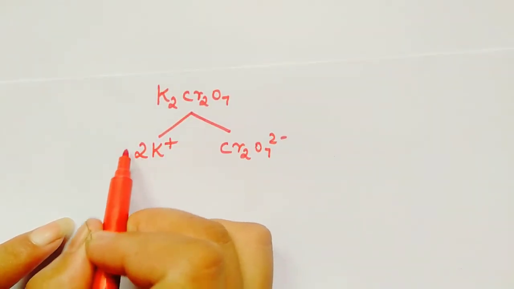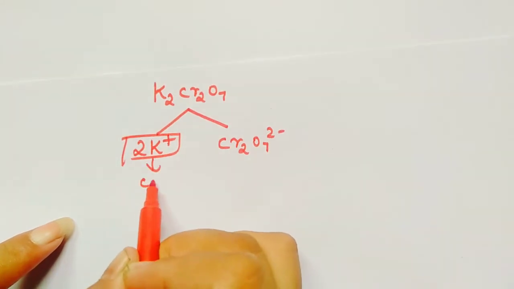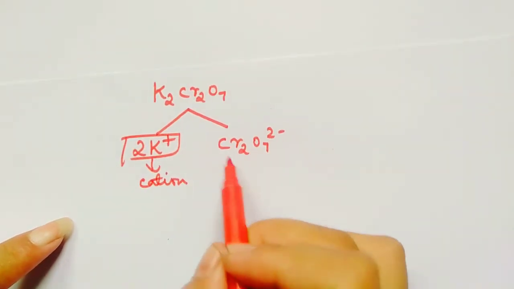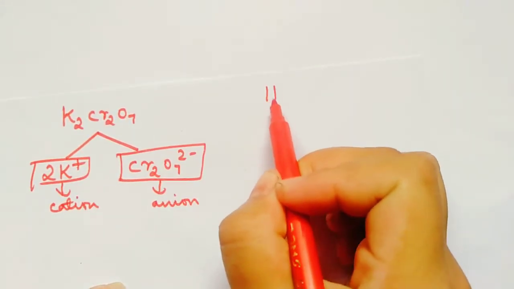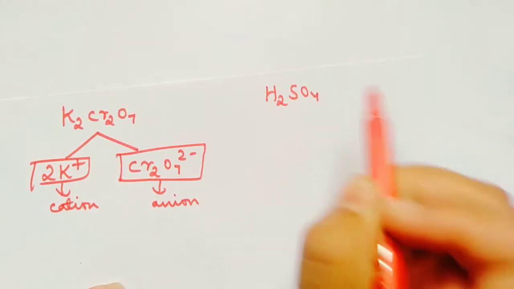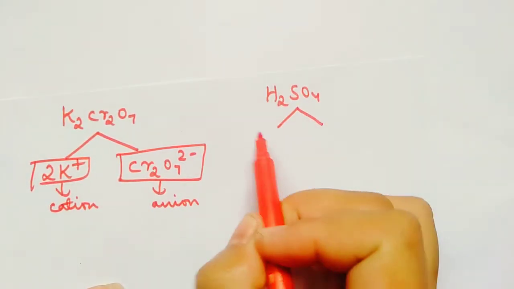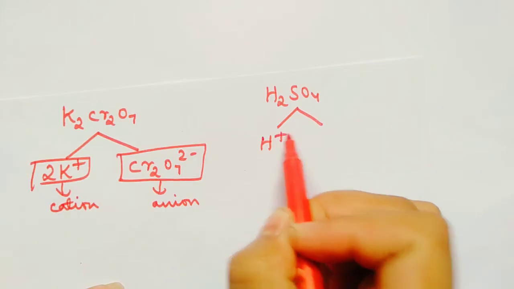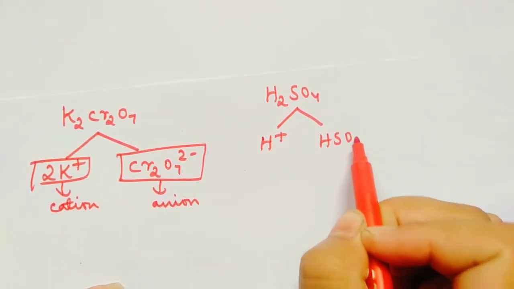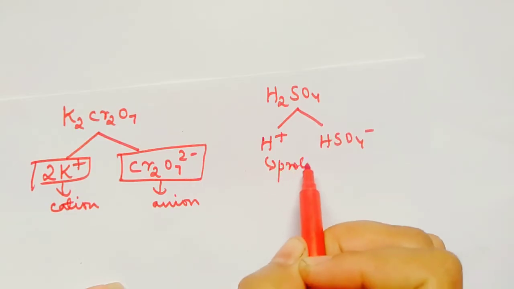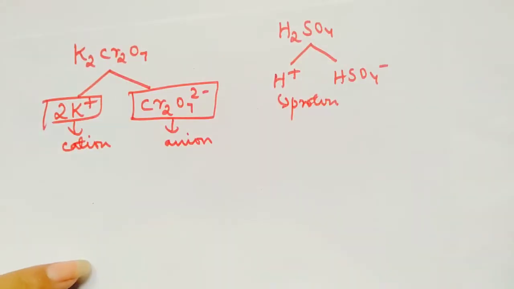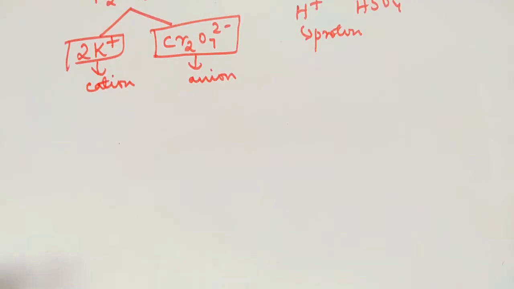This is your cation, and this one is your anion. And what else do we have? Acidic medium, sulfuric acid. This one we can write as H plus and HSO4 minus. Okay, this is a proton. So what do we do here? We come to the tricks.